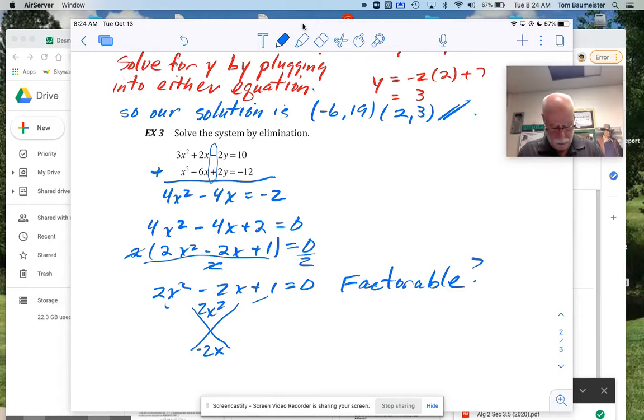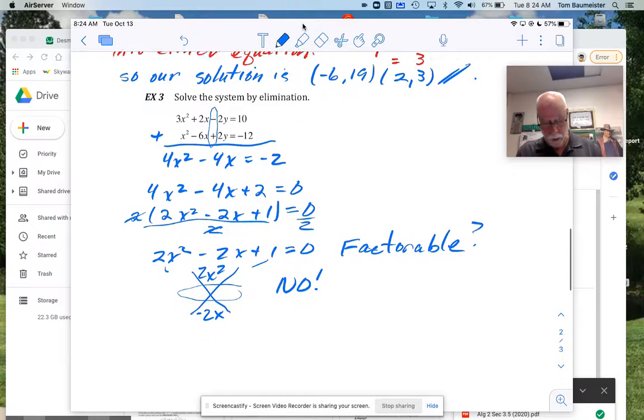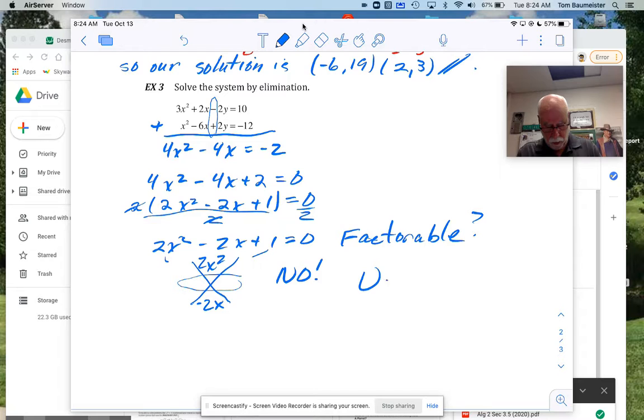Do you have something that, when you multiply, will give you positive 2x squared, yet when you add, it'll give you negative 2x? And what you should find out, ladies and gentlemen, is a big emphatic no. So if I say no, then the only thing I can do is use the quadratic formula.